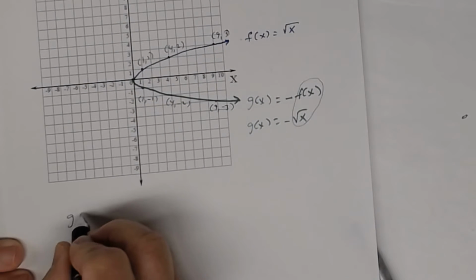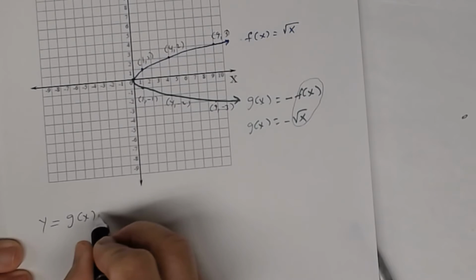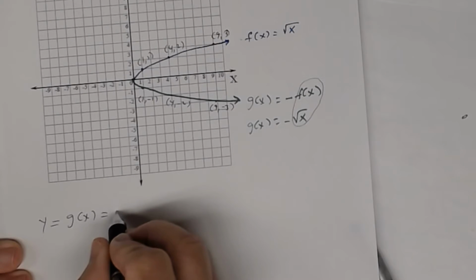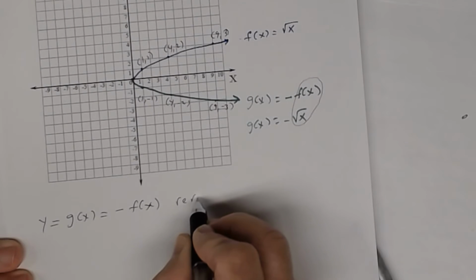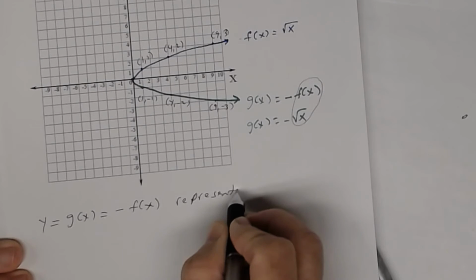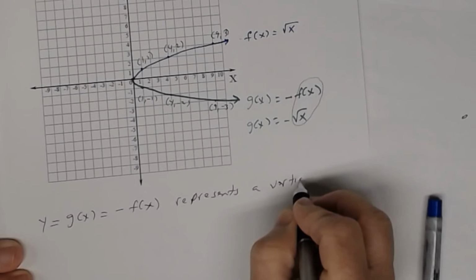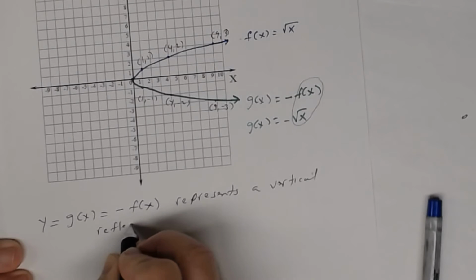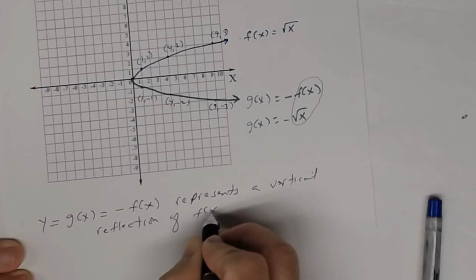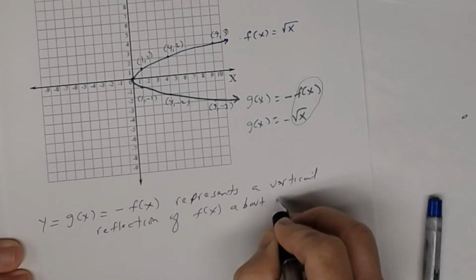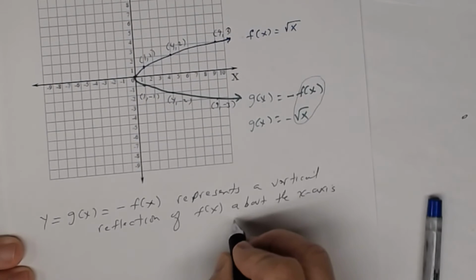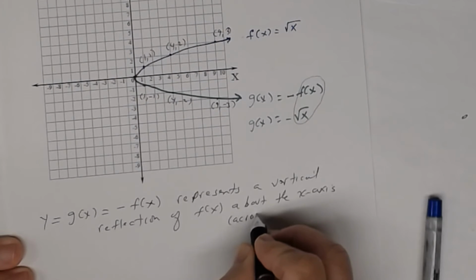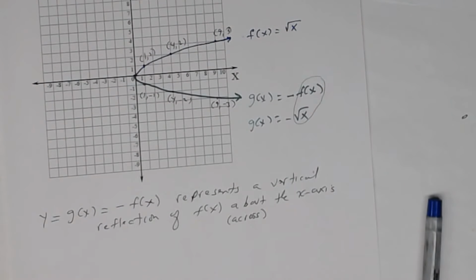So g of x, which is y, is equal to negative f of x represents a vertical reflection of f of x about the x-axis. Okay, sometimes you'll see the word about, sometimes you'll see the word across. Reflection of f of x across, about the x-axis.